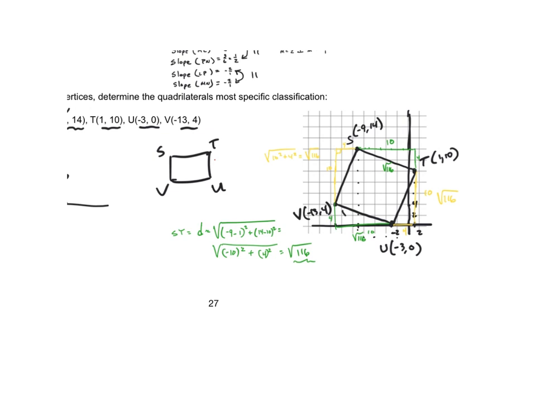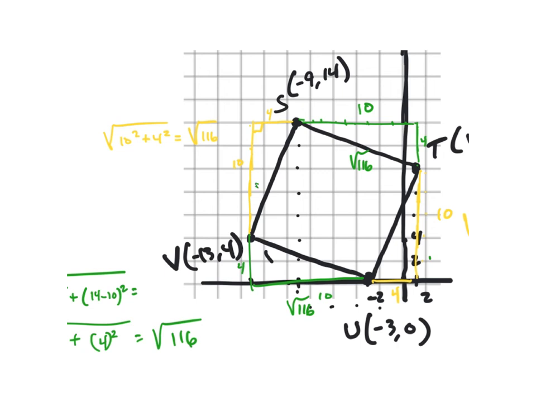And then we just need to figure out the slope of this line and this line. As I go up 1, 2, 3, 4, 5, I went up 10 over 4. So my slope is equal to a positive 10 over 4, which is 5 over 2.